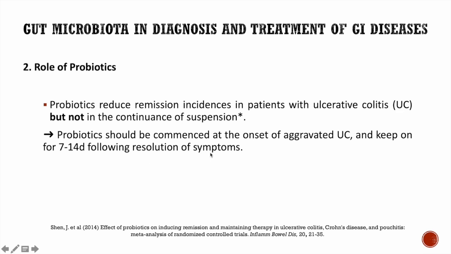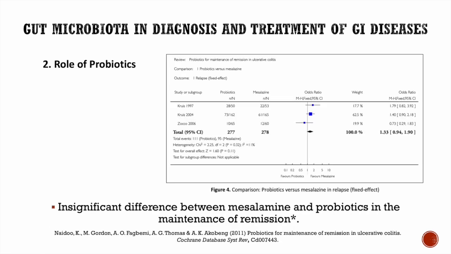A meta-analysis of 23 randomized controlled trials involving approximately 1,800 adults concluded that probiotics enhance the remission incidence in adults with active ulcerative colitis in comparison to placebo.